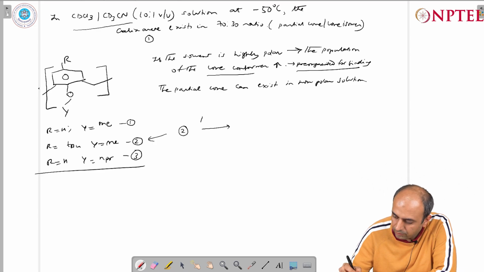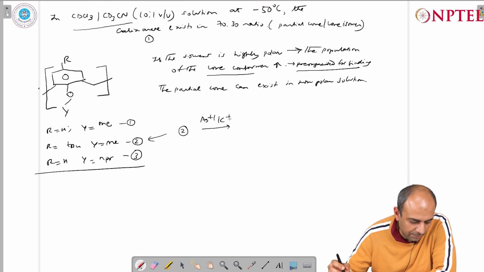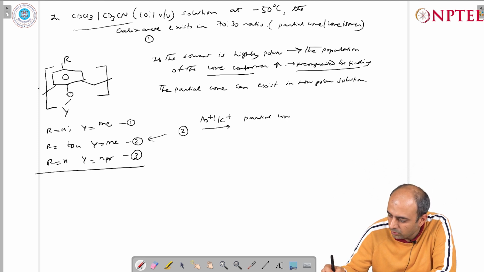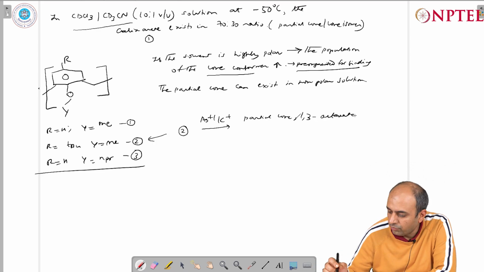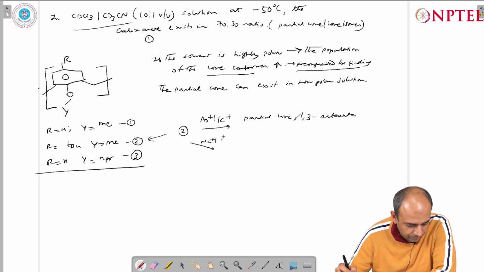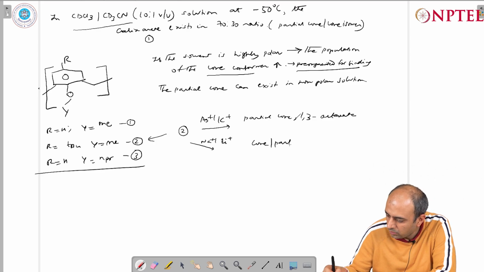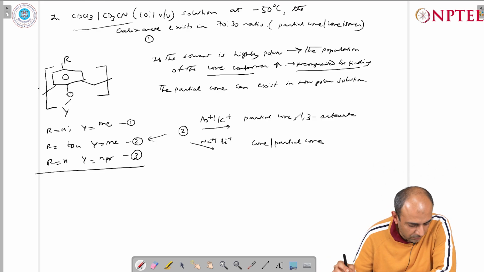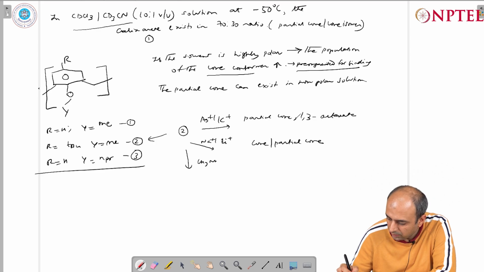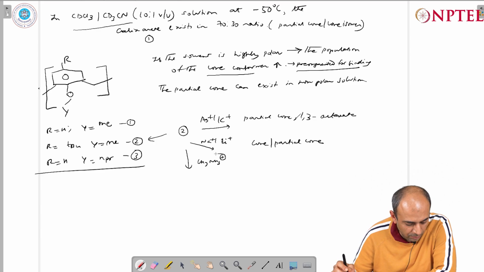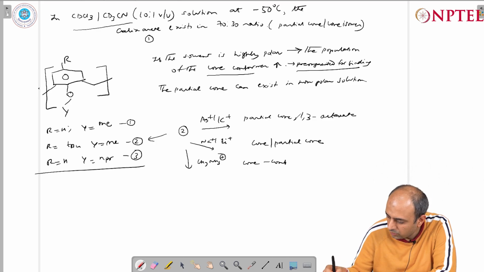If you treat it with Ag plus and K plus, then it is the partial cone or the 1,3 alternate conformer. If you treat it with sodium or lithium, then it is the cone or the partial cone, and if you treat it with methyl ammonium compound, then it exists in the cone conformation.